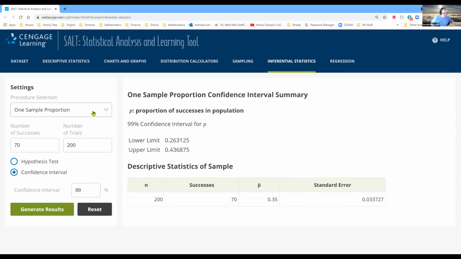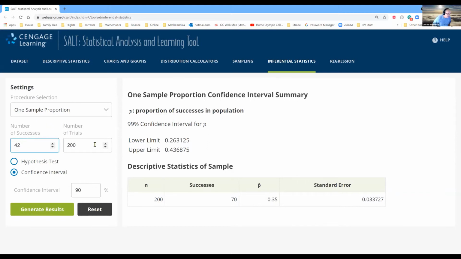Okay. Let's pretend I did another one. I went and asked 200 OC students, do you like Pepsi Cola? Is that your favorite cola? Right? And 42 of them said yes. Right? So 42 out of 200 OC students liked it. And I'd like to know what a 90% confidence interval for all OC students would be.